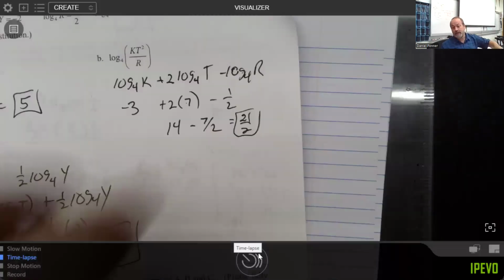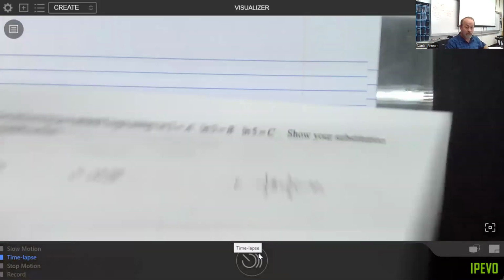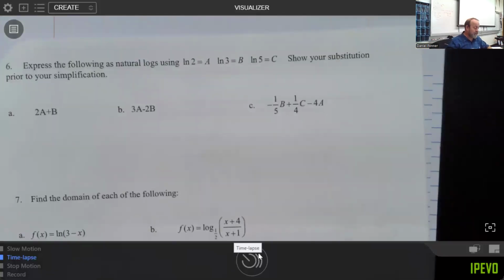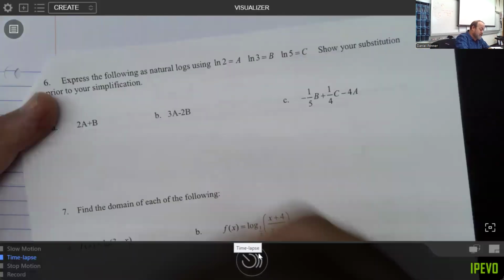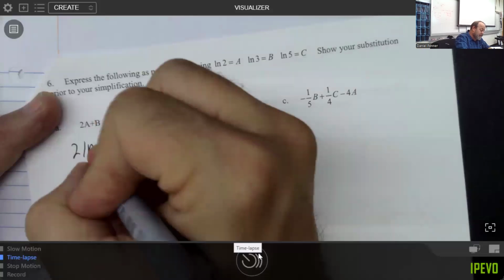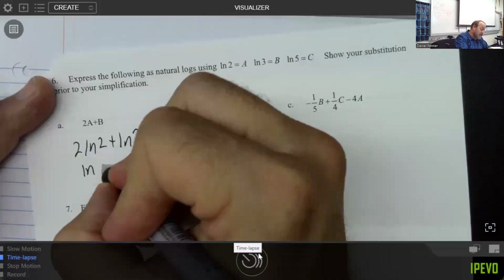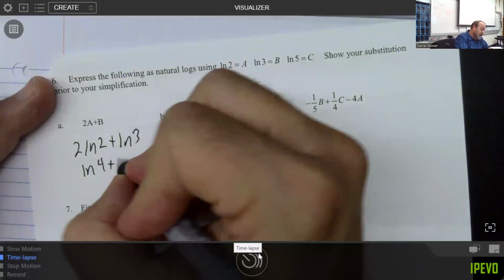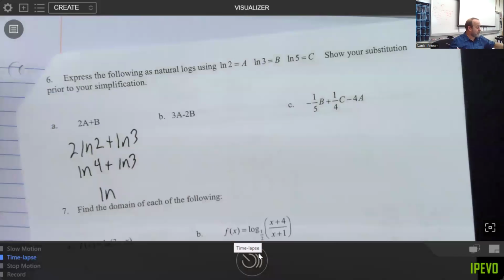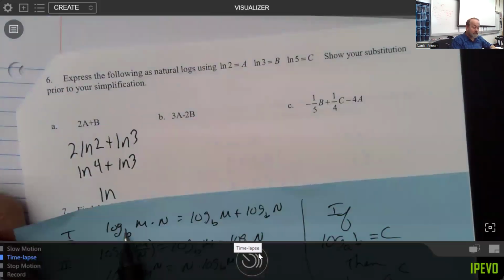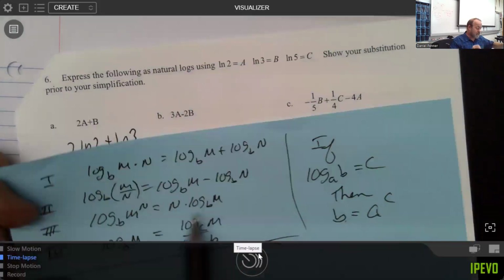And then, of course, the last one for my day, and then I'm going to go home, is what if somebody said, hey, let's go back the other way? Well, going back the other way is no big deal because this is 2 ln's of 2 plus an ln of 3. Well, 2 ln of 2 is ln of 2 squared. That's 4. And again, our properties of logs say that if you have a sum, you can make it a times, or if you have a minus, you can make it a divide.